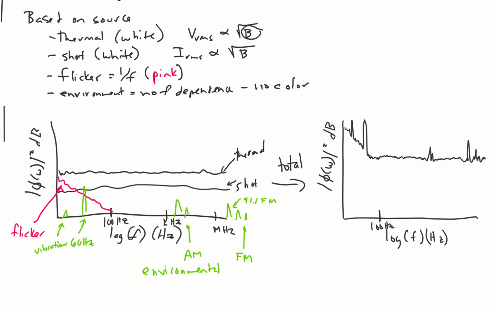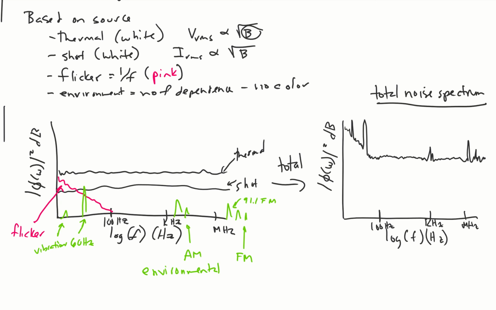You see this white noise offset, and then in the kilohertz and megahertz regions, you should have seen some environmental spikes there. But this would be our total noise spectrum.